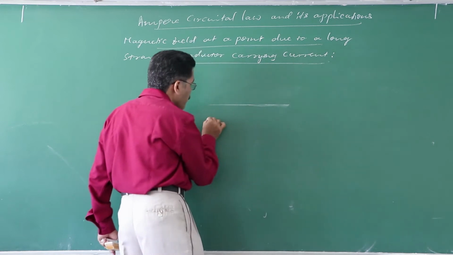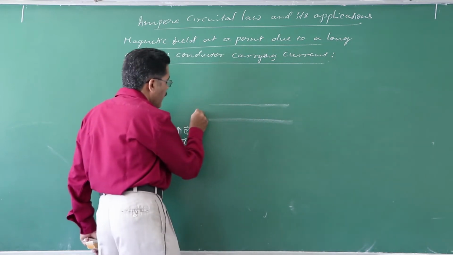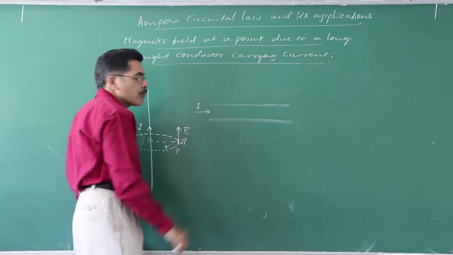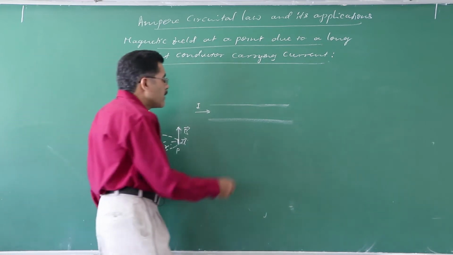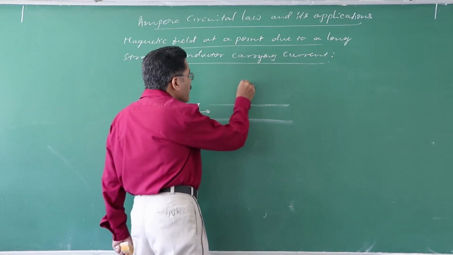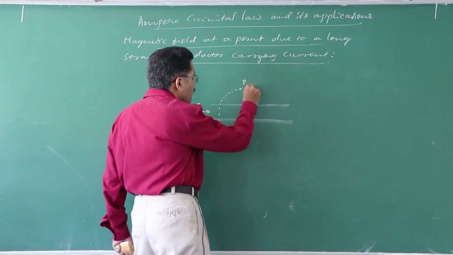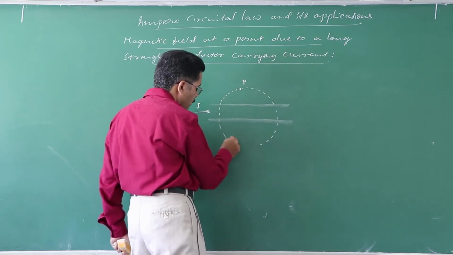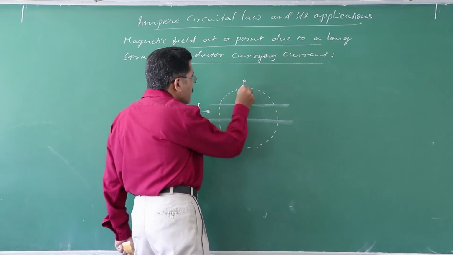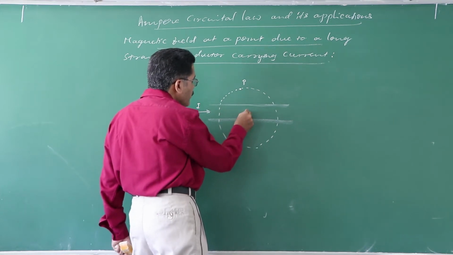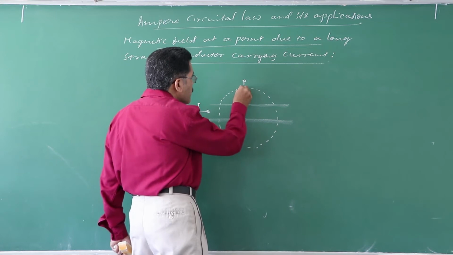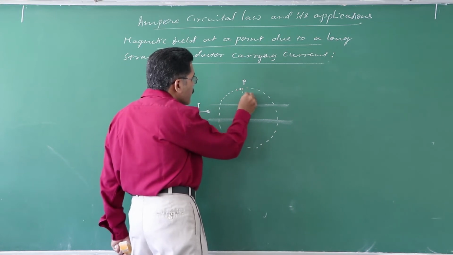This is the wire, and this is the current I flowing through it. Here is the point P, which is at a distance r from the center.